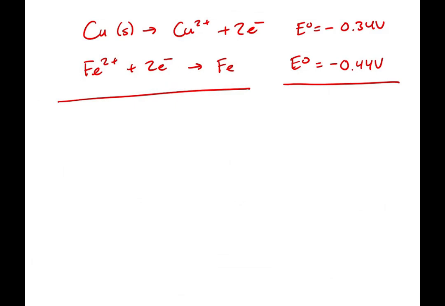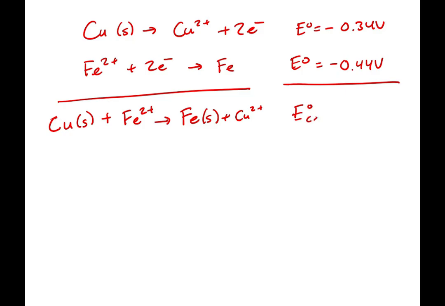All right, so having rearranged and rewritten the reactions, we can now add them up to get what the overall reaction is. And we get exactly what the problem asks us to do. We take a solid piece of copper and we add it to a solution of Fe2+ ions. We're going to make Fe solid, and in the process, Cu2+ gets generated.